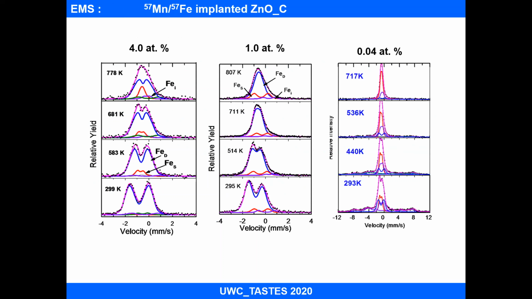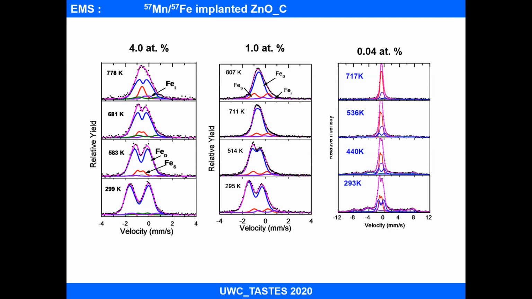These are the spectra in carbon implanted zinc oxide. A couple of motivations here: one, to check what was the source of the paramagnetism that we observed in zinc oxide. And secondly, there are several papers reporting the observation of ferromagnetic behavior of carbon implanted zinc oxide.